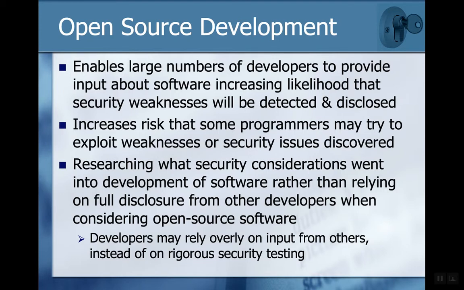You need to understand that open source development is a kind of double-edged sword. Not so much that you can't use it, but understand that there are constraints and limitations around it.